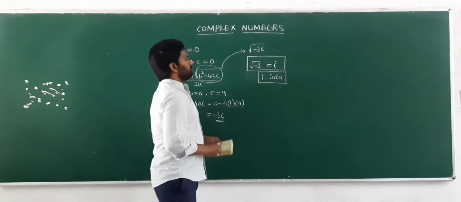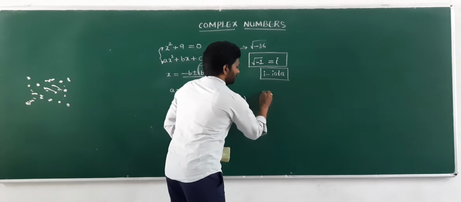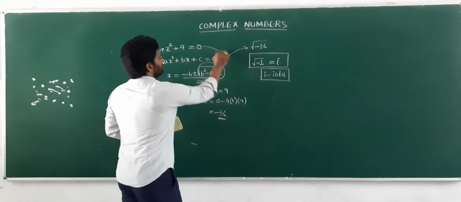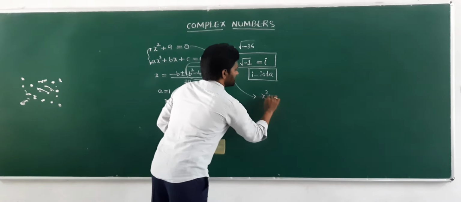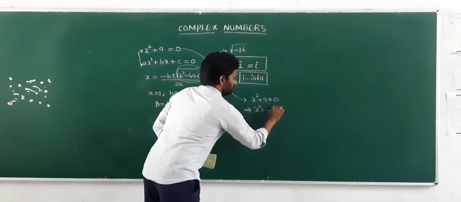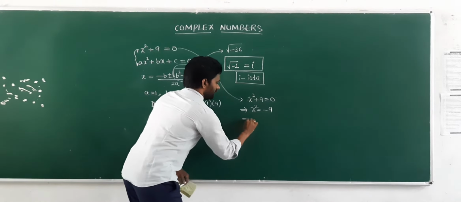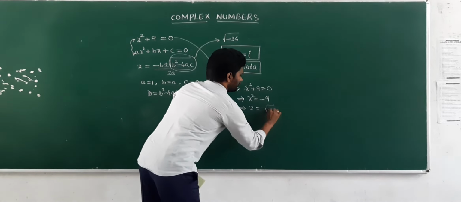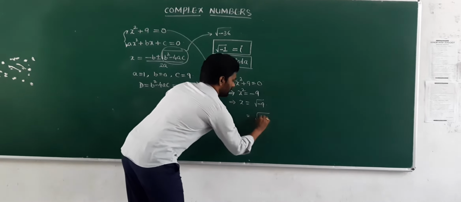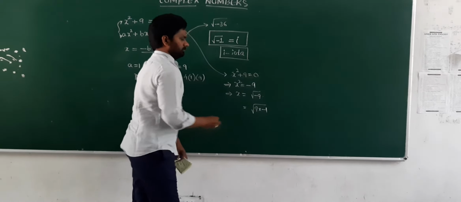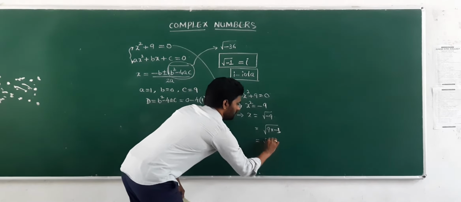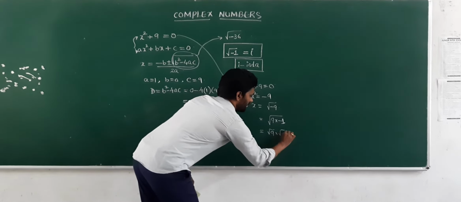So how do we find this? For x square plus 9 equals 0, x square equals minus 9, so x equals square root of minus 9. This can be written as square root of 9 into minus 1, which equals square root of 9 into square root of minus 1.